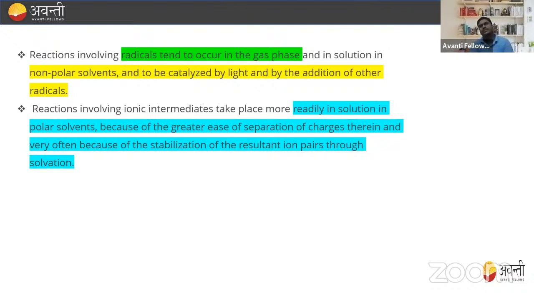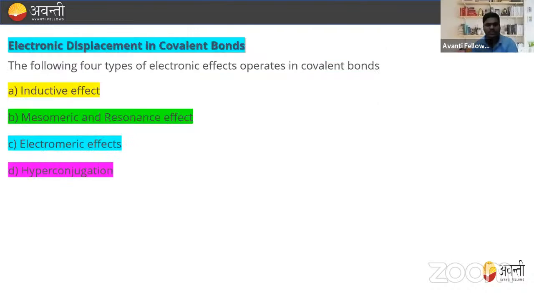So basically, homolytic fission occurs in the gas phase and in solution in non-polar solvents, and is catalyzed by light and the addition of other radicals, while heterolytic fission takes place more readily in polar solvents. I hope this is clear to you.